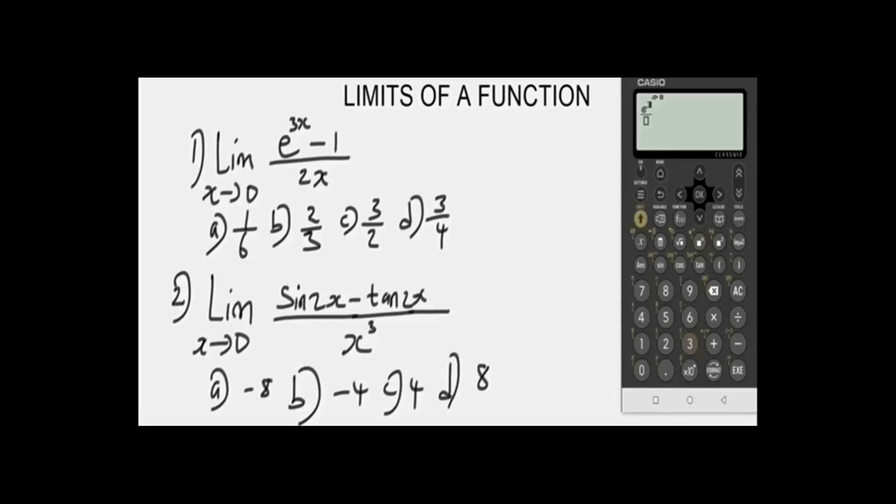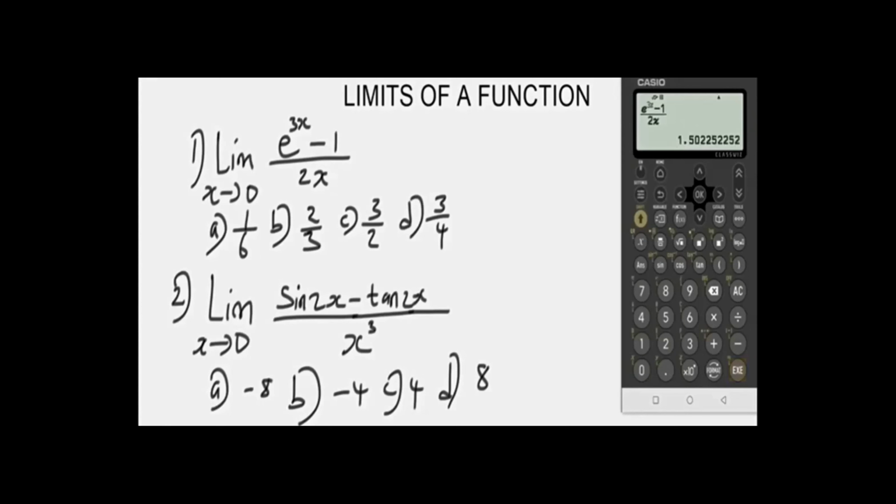All you need to do is press shift and this 0 button. That's it. Then you come down, we have minus 1 over, you come down 2x, bring out x, press shift and this 0 button. That's it. Let's press execute now to see the output of this computation.